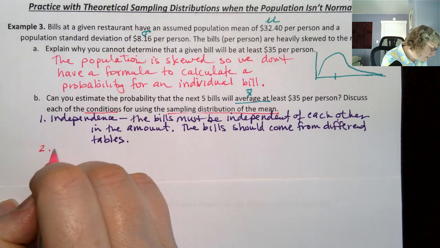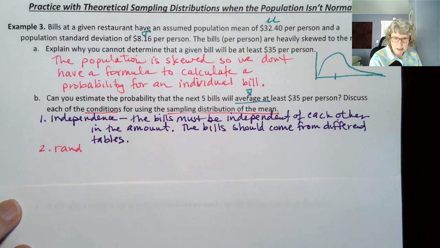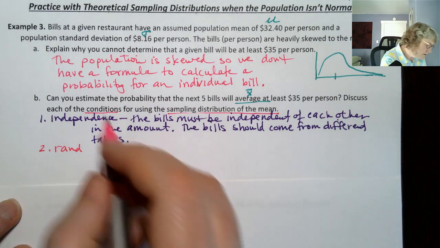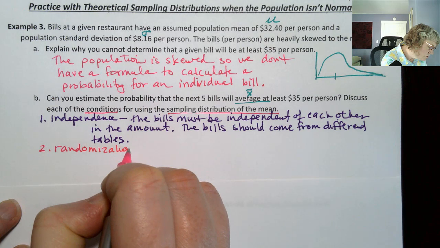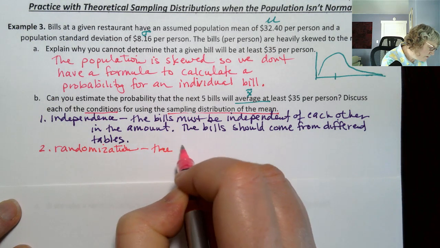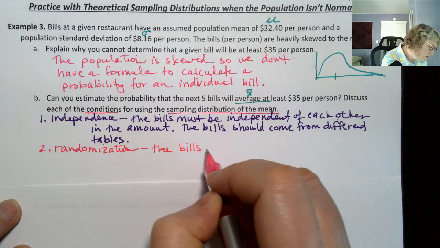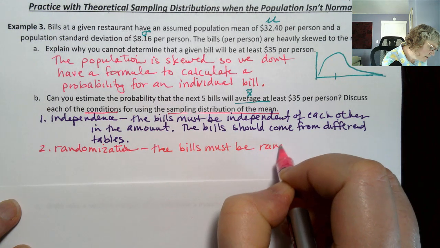So randomization: these are all things we need to be thinking about as we're setting up a study, with the intention of using a model like this. The bills must be randomly selected.